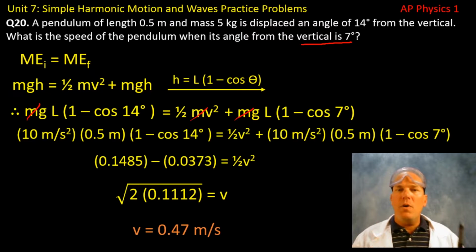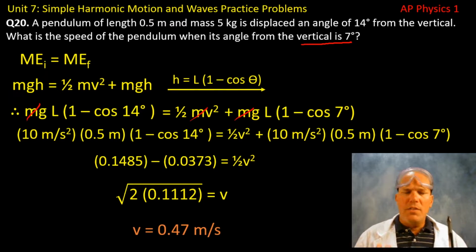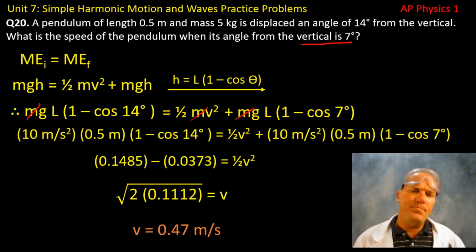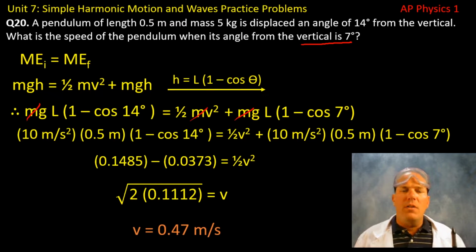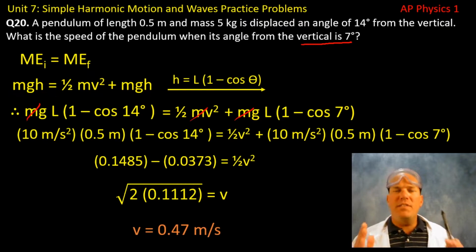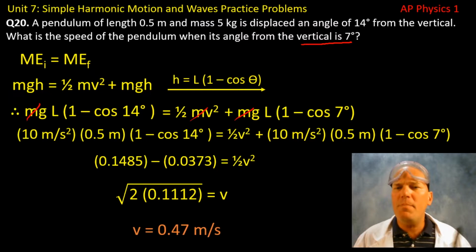So what is its greatest speed? It occurs as it swings through equilibrium. All right, 0.4 seconds is the velocity at 7 degrees. Now, if you solve this same problem for maximum speed, you get about 0.545 or something meters per second.